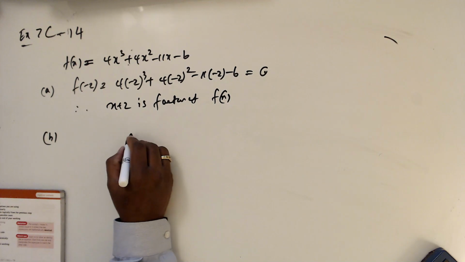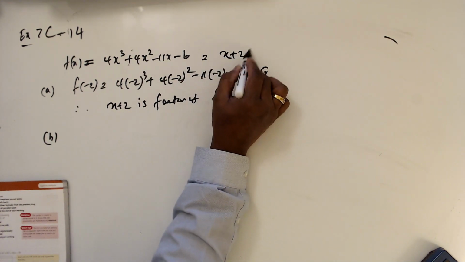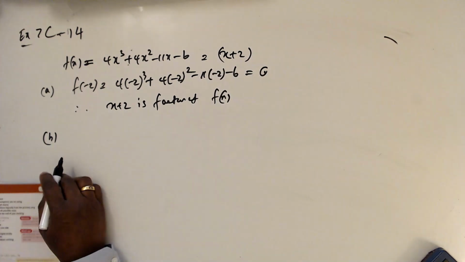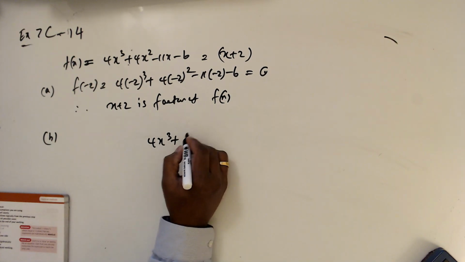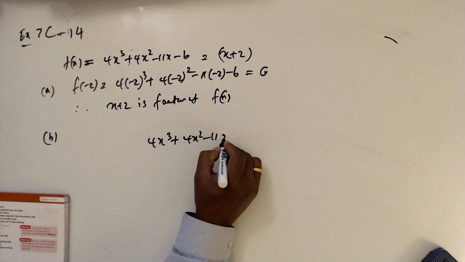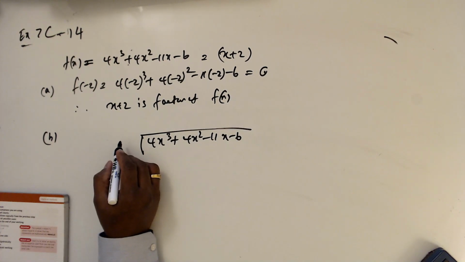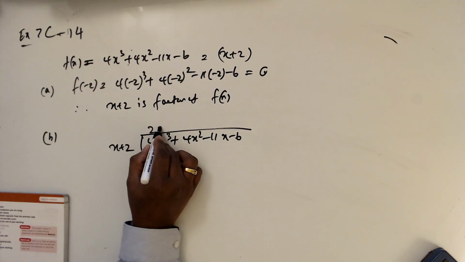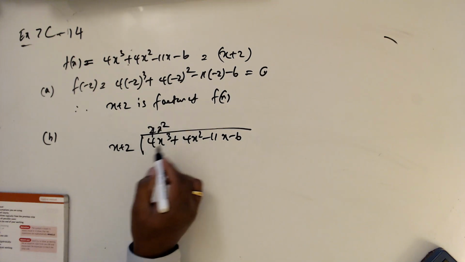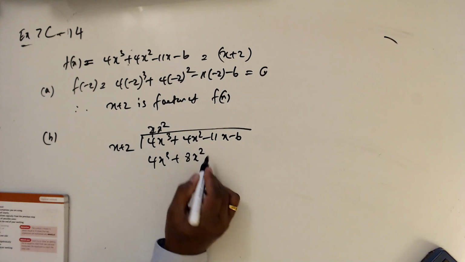So then we'll do it now. This is going to be x + 2 dividing 4x³ + 4x² − 11x − 6. 4x³ plus 8x².